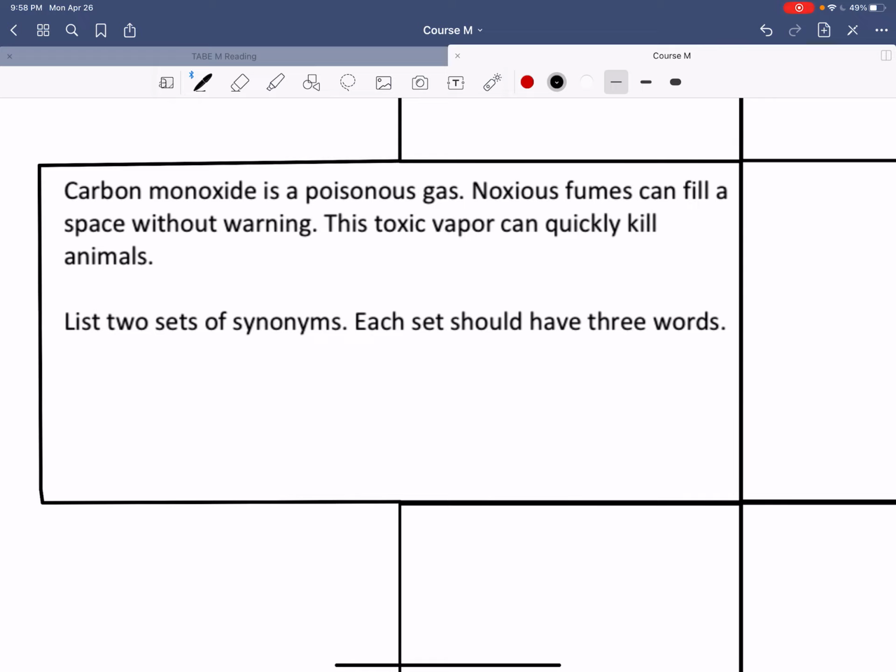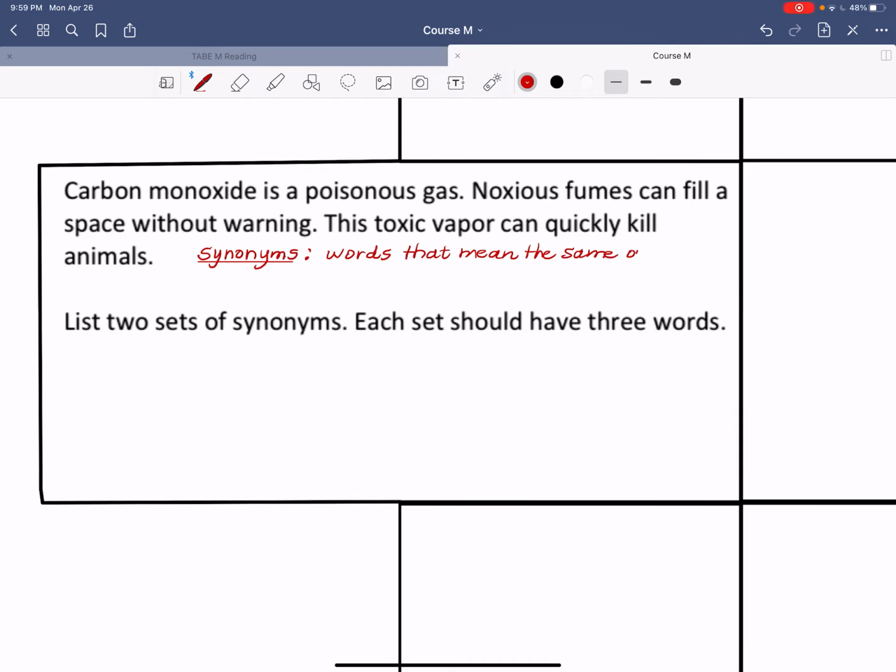Well, first we need to define what synonyms are. These come in pairs, synonyms. Synonyms are words that mean the same, or nearly the same.